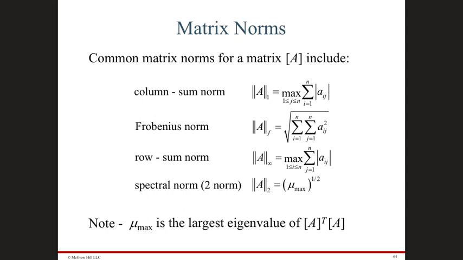The second norm is something called the spectral norm, and that is the maximum eigenvalue of the matrix A transpose multiplied by itself, and this maximum eigenvalue is raised to the power half. There is also the A infinity norm, which is the sum of the maximums of the different columns. So for each column, you take the maximum and then you add them together.